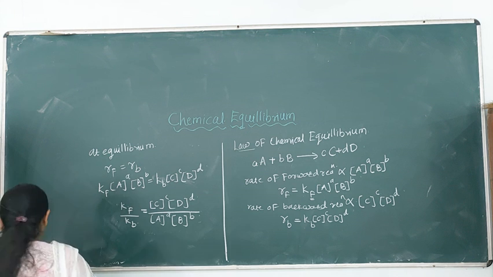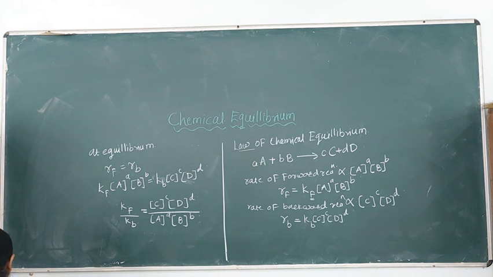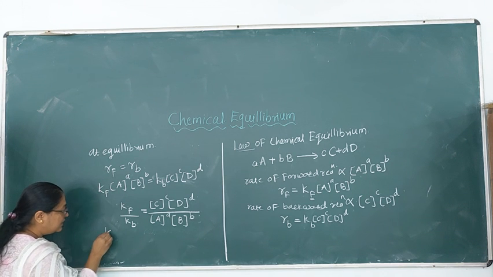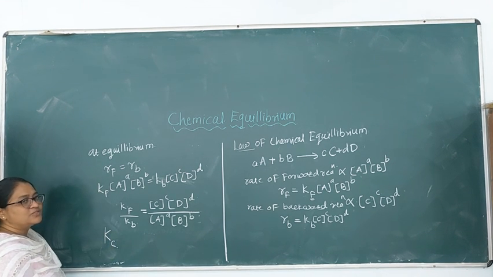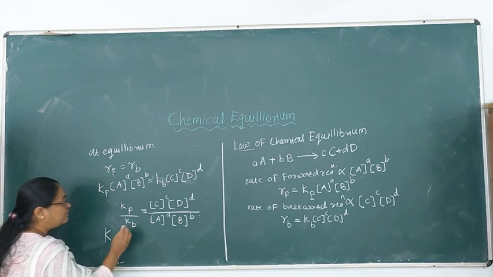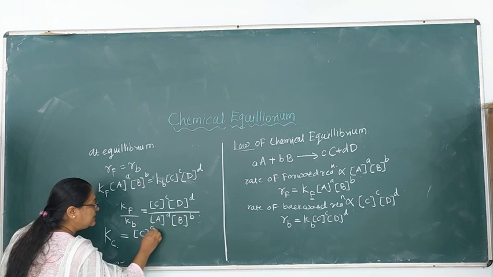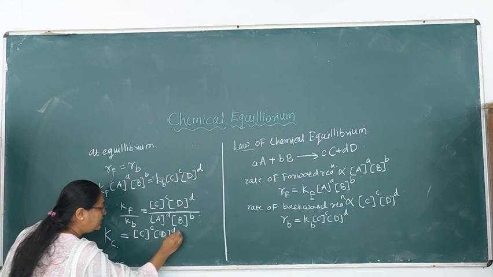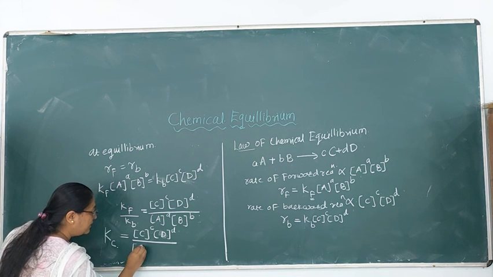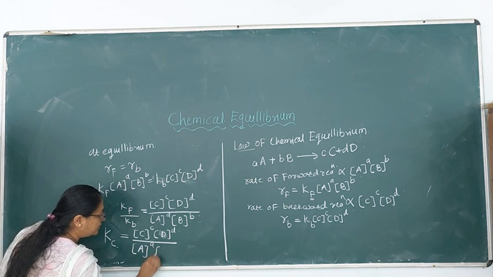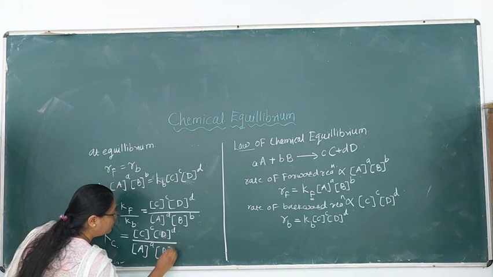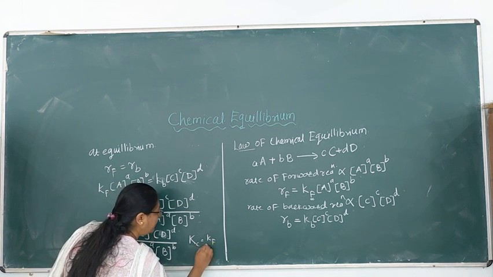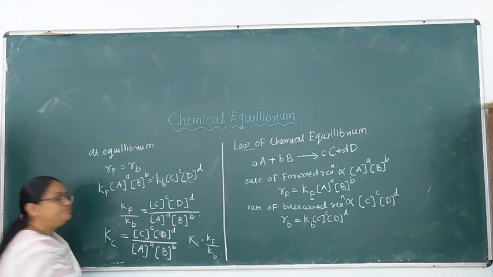Therefore, the rate constant for the forward reaction divided by the rate constant for the backward reaction is termed a new constant, which is called the equilibrium constant, equal to C raised to c, D raised to d divided by A raised to a, B raised to b, where Kc is equal to Kf divided by Kb.